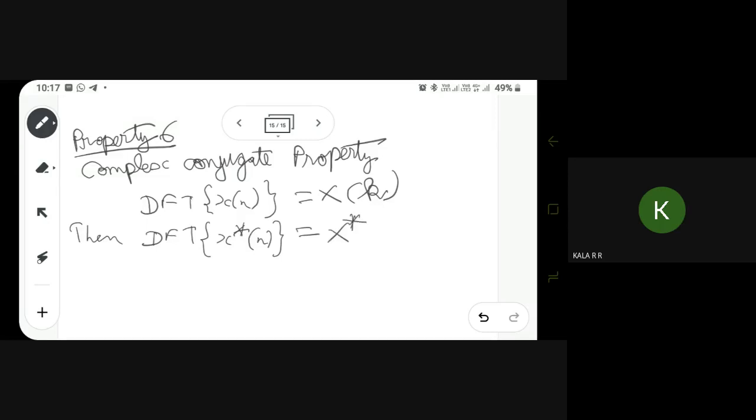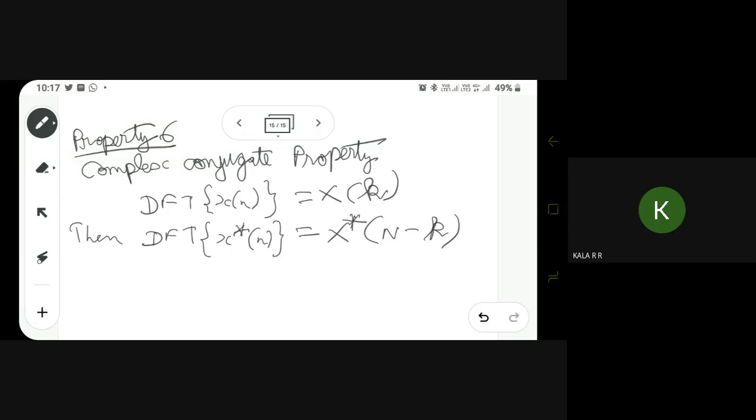So based upon this only, we have done all the previous problems. Okay, x star of n minus k. So this is what your property is. Okay.